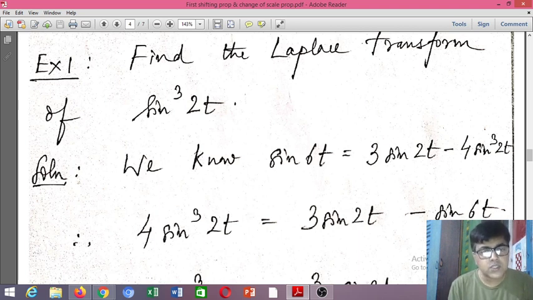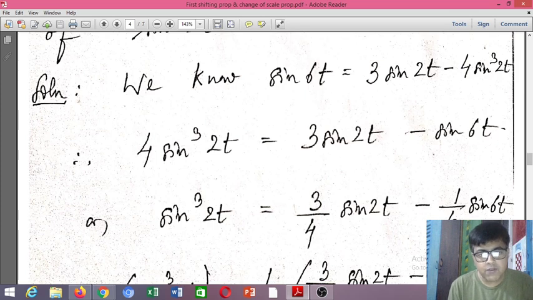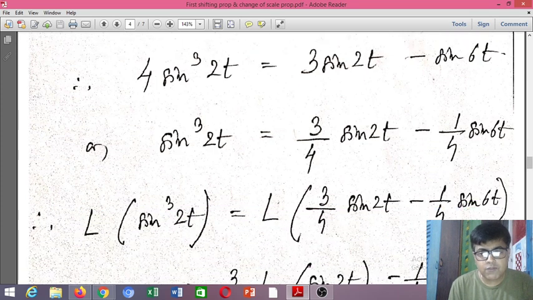So therefore 4 sine cube 2t becomes 3 sine 2t minus sine 6t, and you just divide by 4. So ultimately you have been able to represent sine cube 2t in the form of multiple angles of sine. That is, it is coming out to be 3 by 4 sine 2t minus 1 by 4 sine 6t.